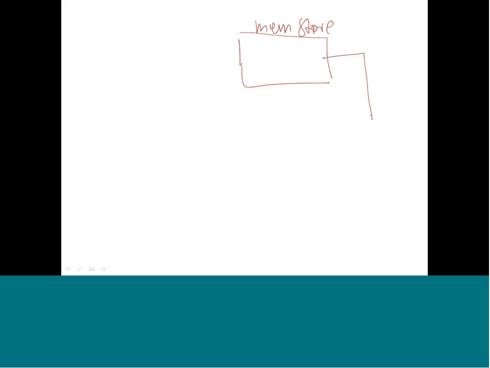So whenever a memstore is flushed, a new HFile or an append to an existing HFile happens, correct? So whatever your block size is, your HFile 1 and HFile 2.